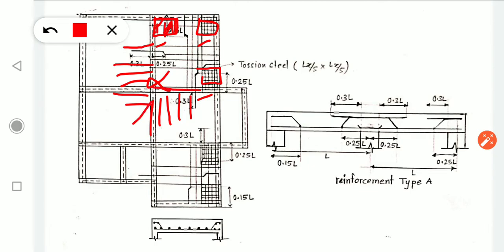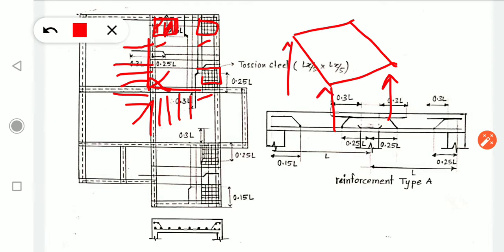So this beam will hold down that corner. And when will the corner uplift? The corner will uplift only if they are simply supported. On this side no continuity, on this side also no continuity, on the upper side also no continuity.